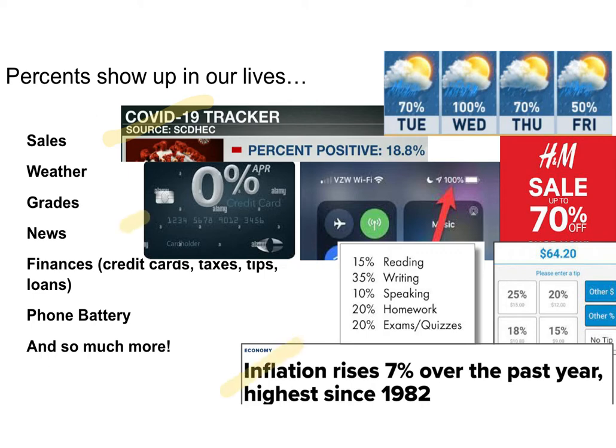It shows up in credit cards and taxes. It shows up in how we tip. It shows up in how we shop. It shows up in our weather, in our phone batteries, in our grading systems. It's really everywhere. So it's really important that we have a really solid understanding of how percentages work so that we can understand the world around us.